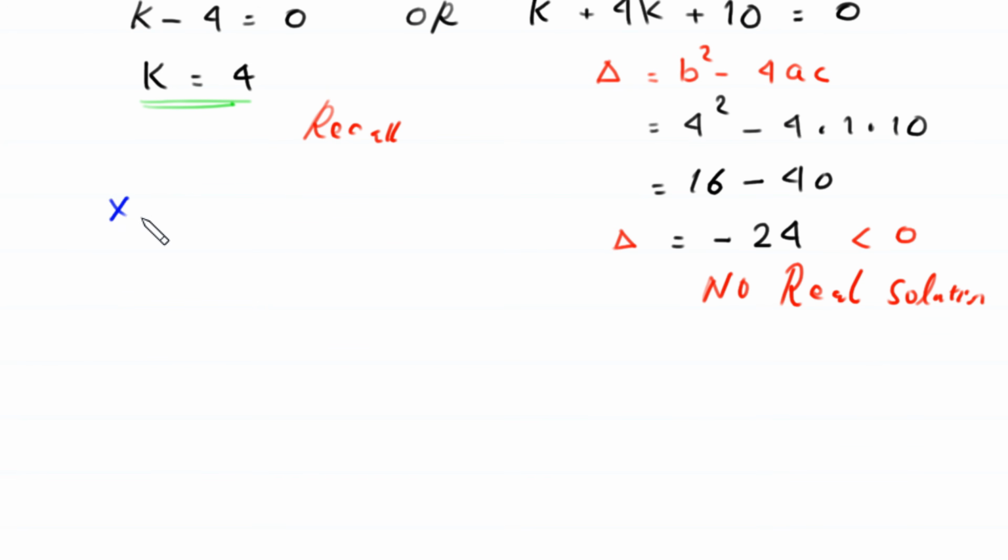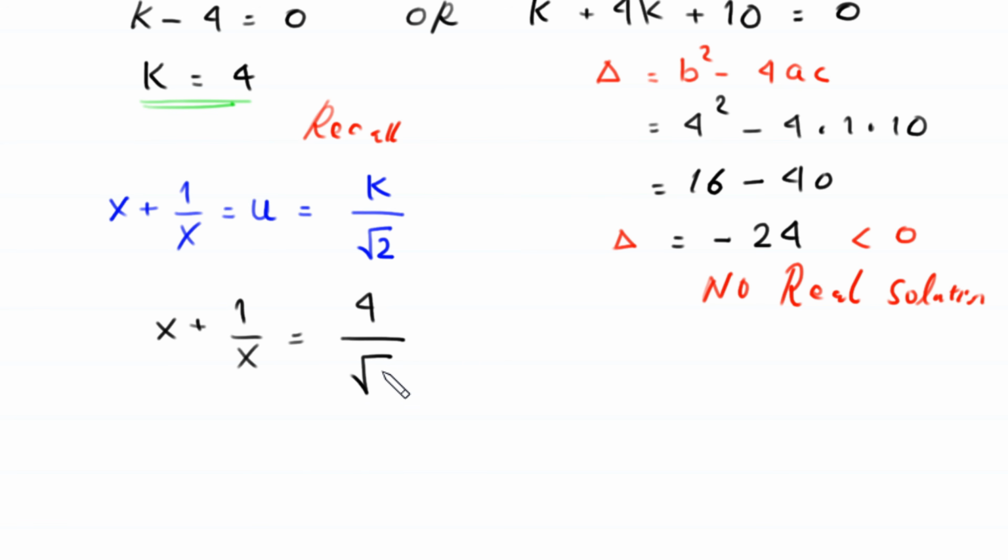Since k is 4, x plus 1 over x will be equal to 4 divided by root 2.